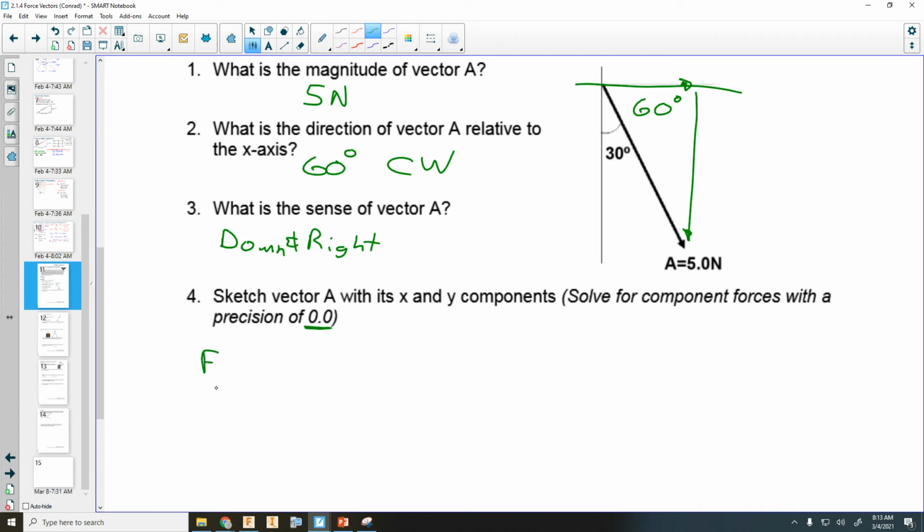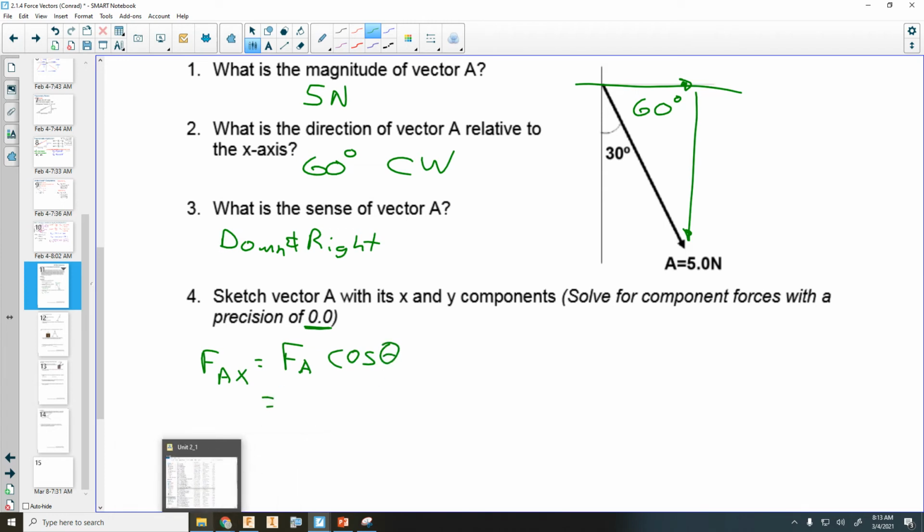What's the shortcut formula? The force of vector A in the x direction will be the force of A times the cosine of the angle.